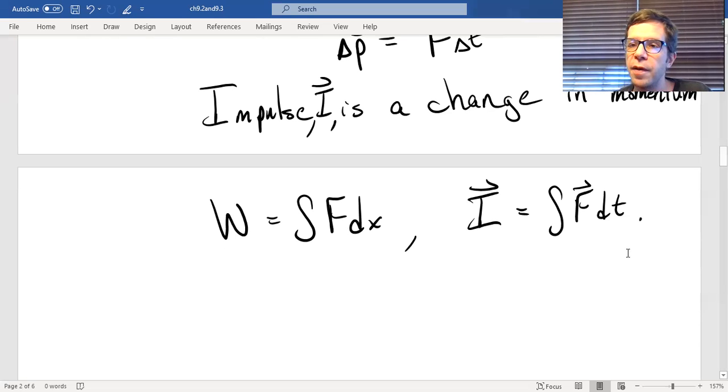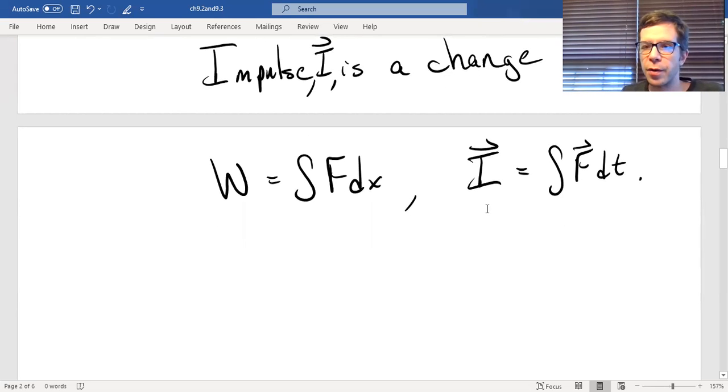Instead of integrating over a distance, you're integrating over a time. And when you start thinking about how things change with a constant force on them, and you imagine something's moving slowly, you're covering a smaller distance in the same amount of time. So you can see how these two things end up being different. And the units are different, of course, because you end up with a seconds here and a meters here multiplied times Newton.